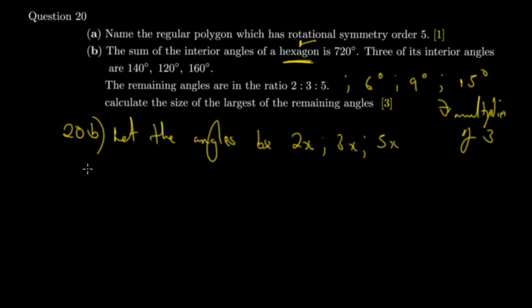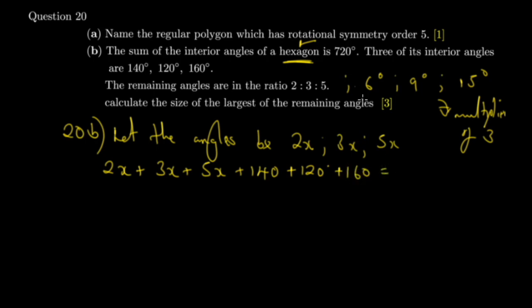So if you had these, you just treat them as if they were actual angles, because they are in some way. So if you add all the angles, so 140, 120, and 160 here.